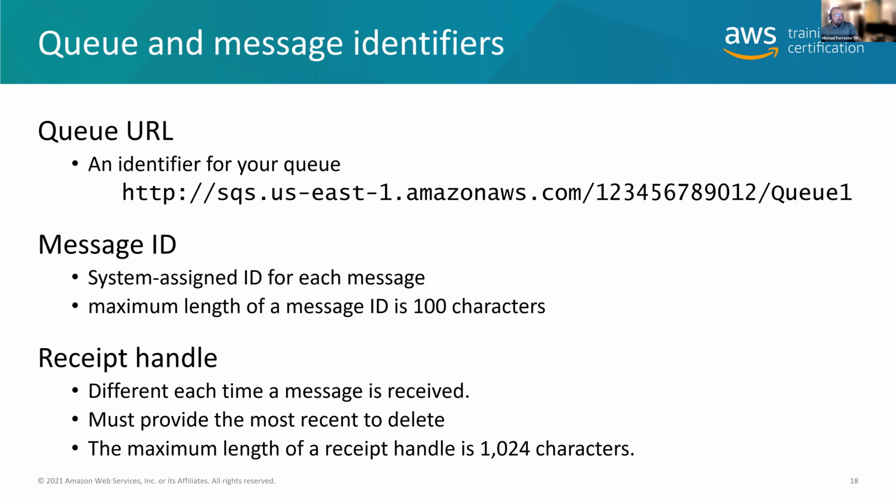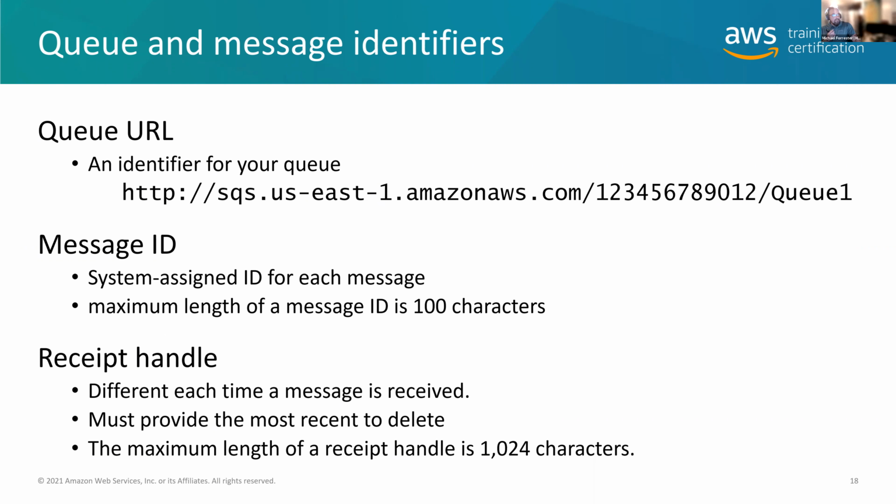You can also use an ARN in some cases. But this identifier right here can be found in association with your queue when you create it. You basically will always want to use the queue URL when you're referencing the queue.